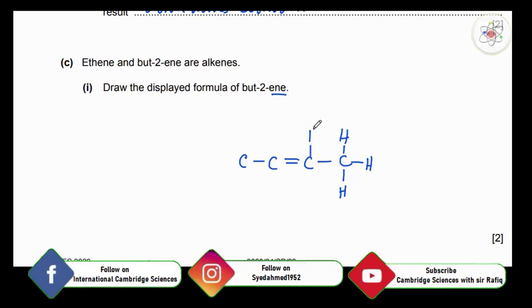Similarly here also one hand is left for hydrogen, and this carbon has 3 hands left because only one hand has been engaged with the neighbor carbon, right? So this is the structural or displayed formula of but-2-ene.